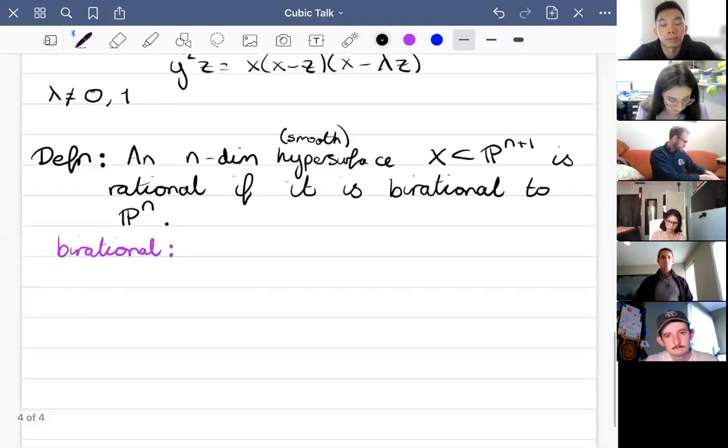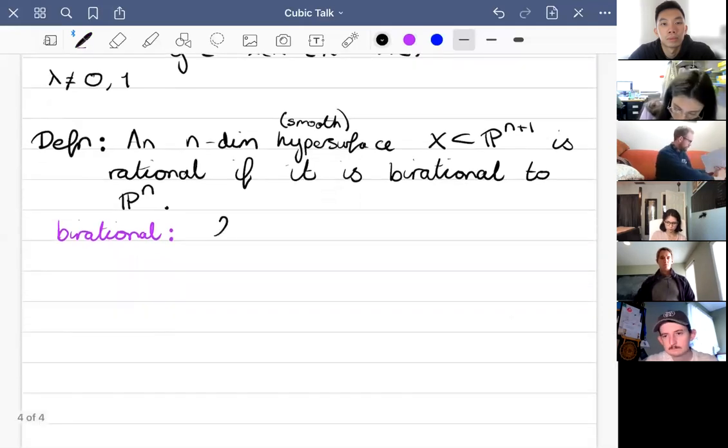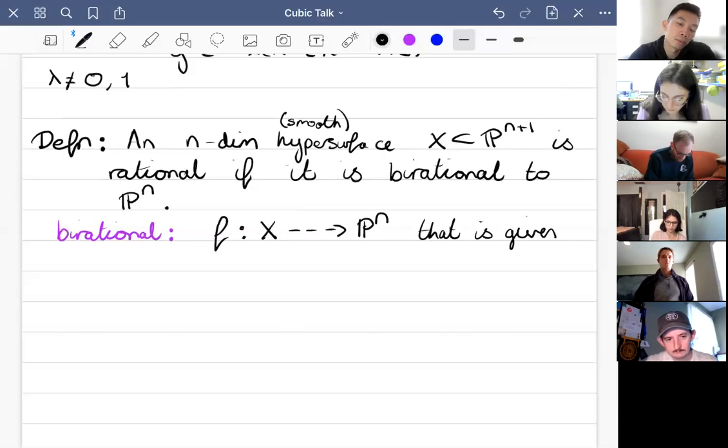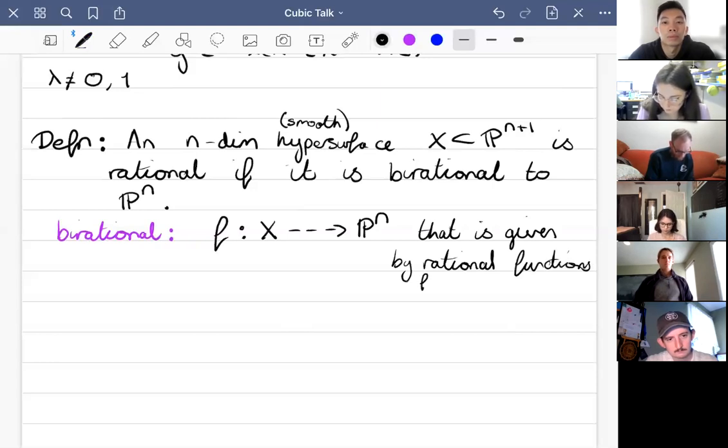One way is to say that there exists a map from X to Pn that is given by rational functions. So rational functions, just, you know, p of x over q of x.